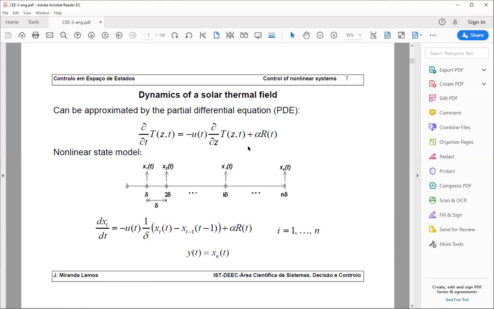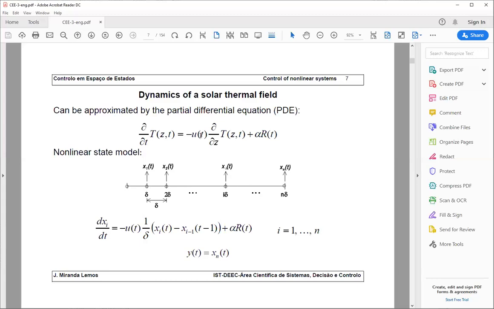Now, how can we proceed? We can do an approximation by a finite dimensional state model. You consider the pipe divided in points where you measure the temperature, or you think that you measure the temperature.